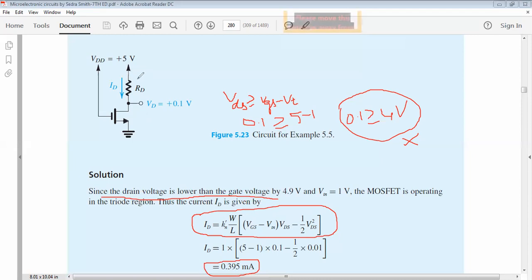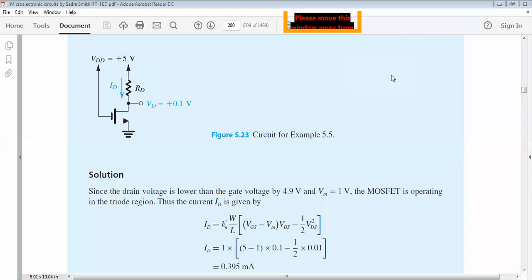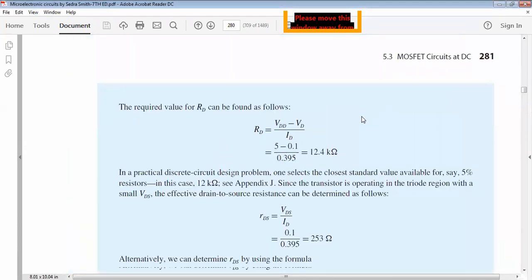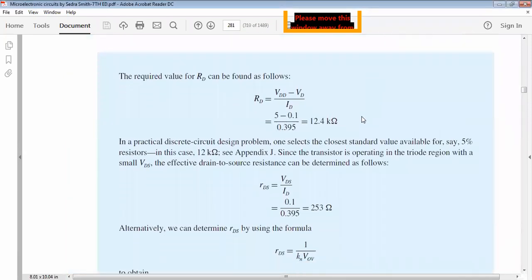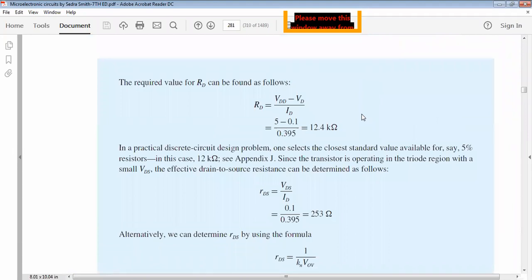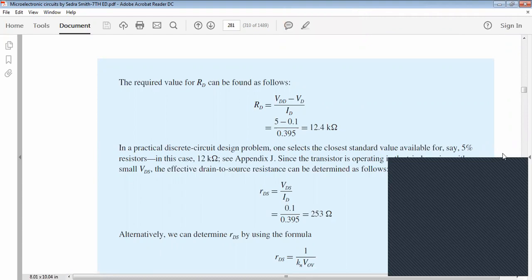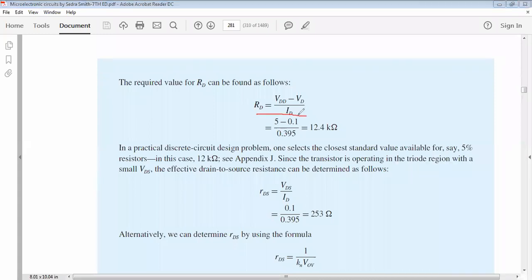Once you know the drain current, we can easily calculate the drain resistance, right? What is the drain resistance RD? Drain resistance RD is equal to VDD minus VD by ID.